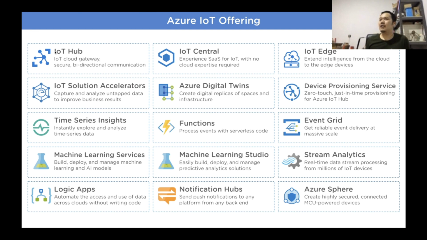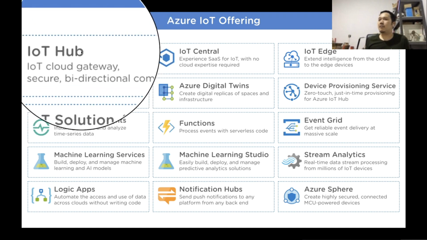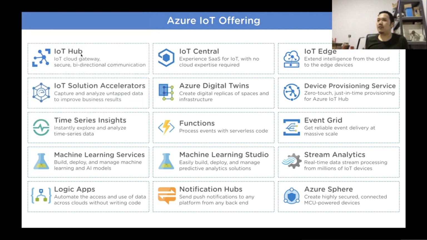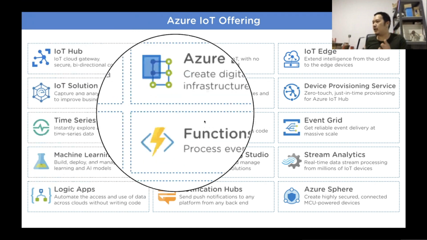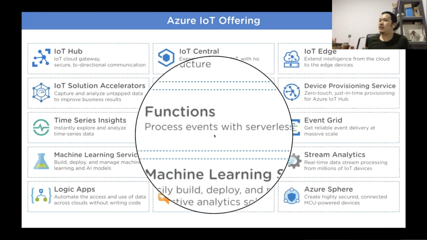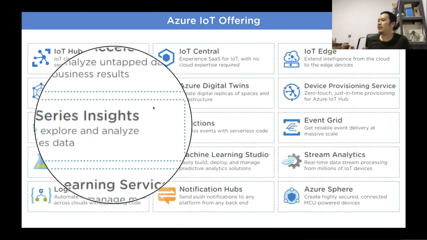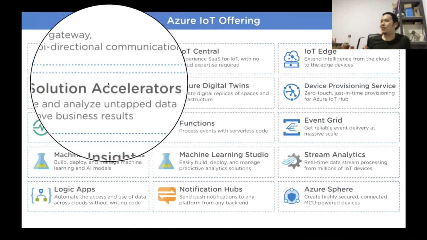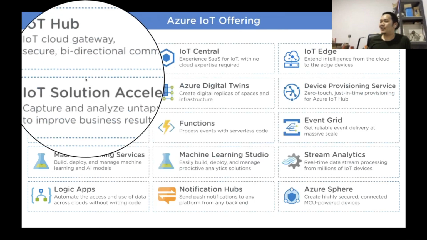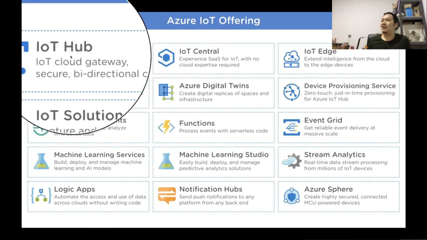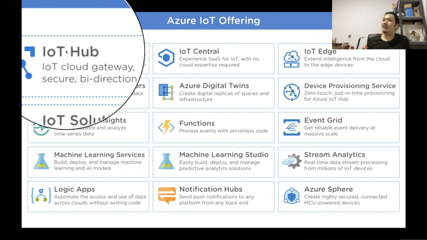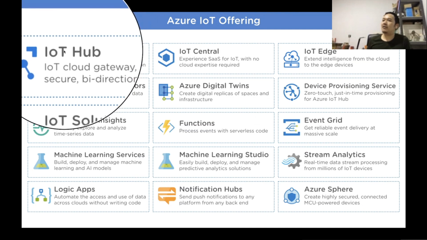So basically, all the messages from IoT devices would go through IoT Hub first, and then it can be channeled into other services like Event Grid, Azure Functions, machine learning, and Stream Analytics. Obviously, you don't have to know all these things, right? I mean, it depends on the use cases. But if you want to use Azure IoT, this is the first thing that you have to get familiar with, right?